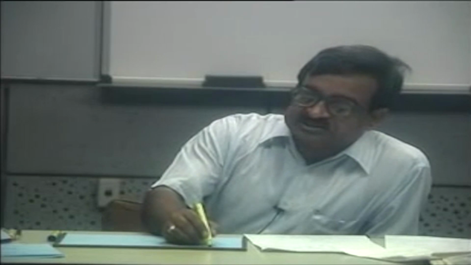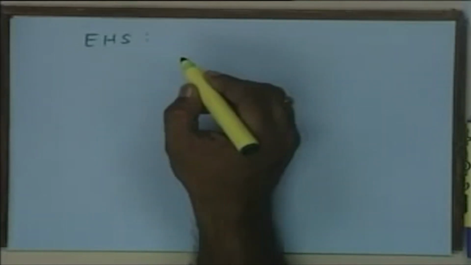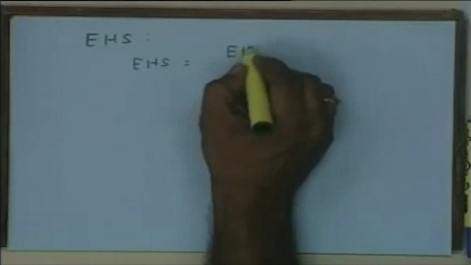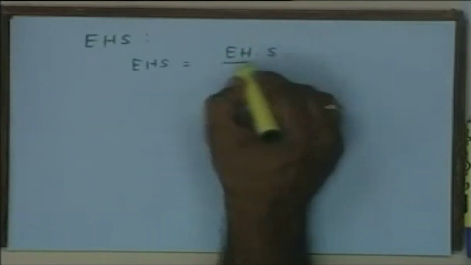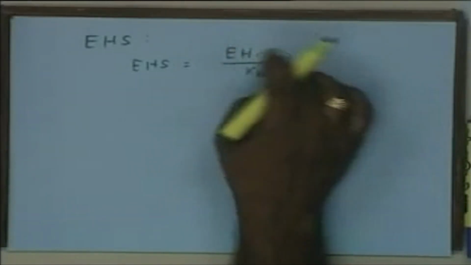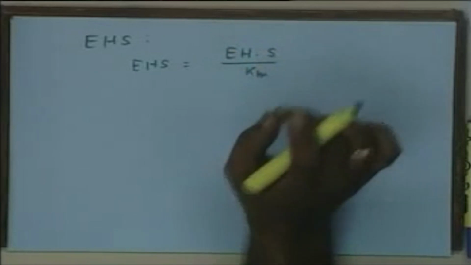Now, let us consider the first one, the EHS, that means the interaction of the EH with the substrate. We can write the concentration of EHS will be equal to EH into S upon Km. Now, I am omitting the parentheses to denote the concentration term. Essentially, these terms represent the concentration terms.